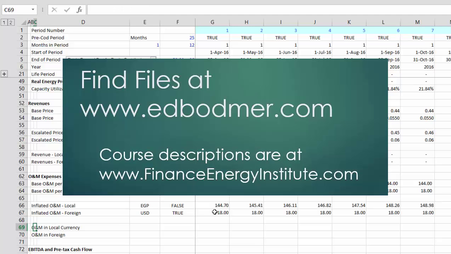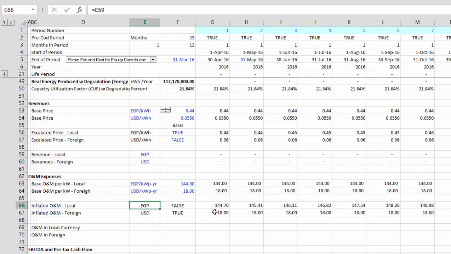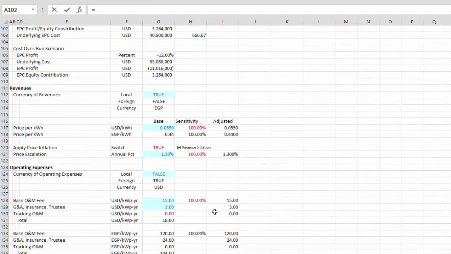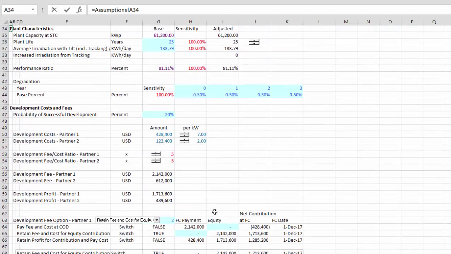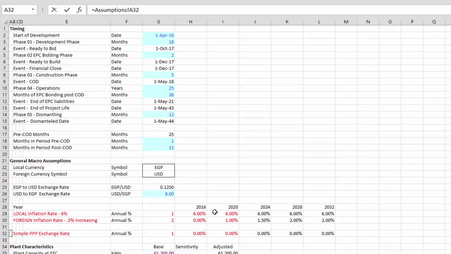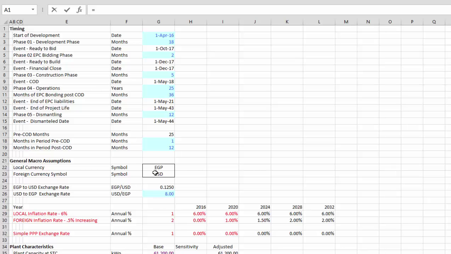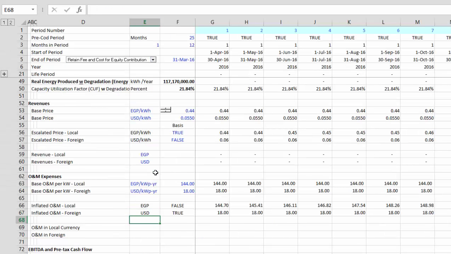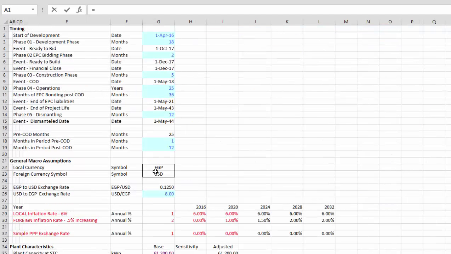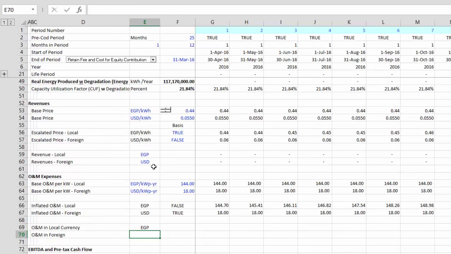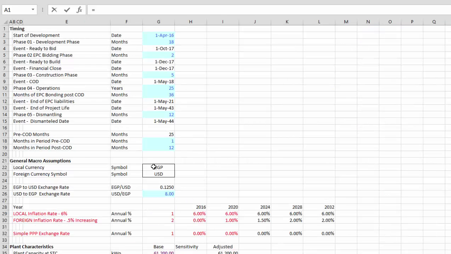Okay, and notice that this one, I think it's a little better form to take it directly from here, so you can see this was in pounds, USD. Okay, and we can do the same thing here. Let's put it in pounds first, and then let's put it in USD.